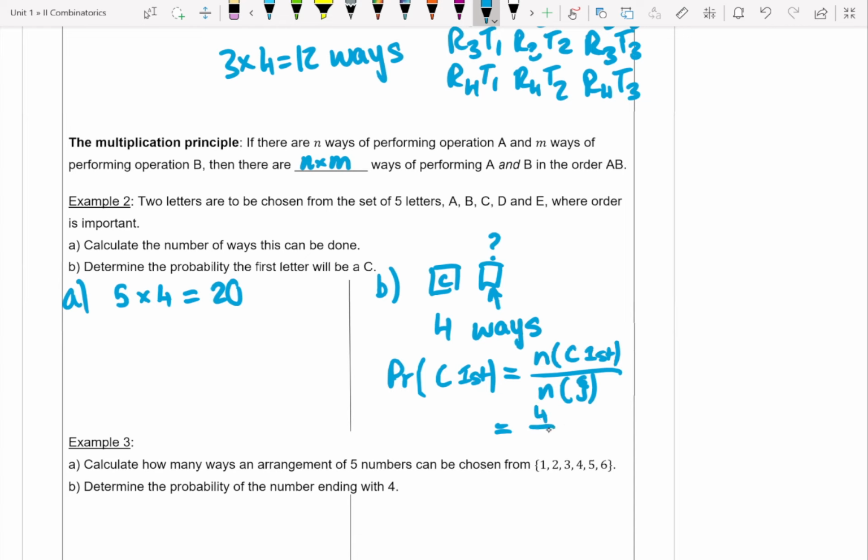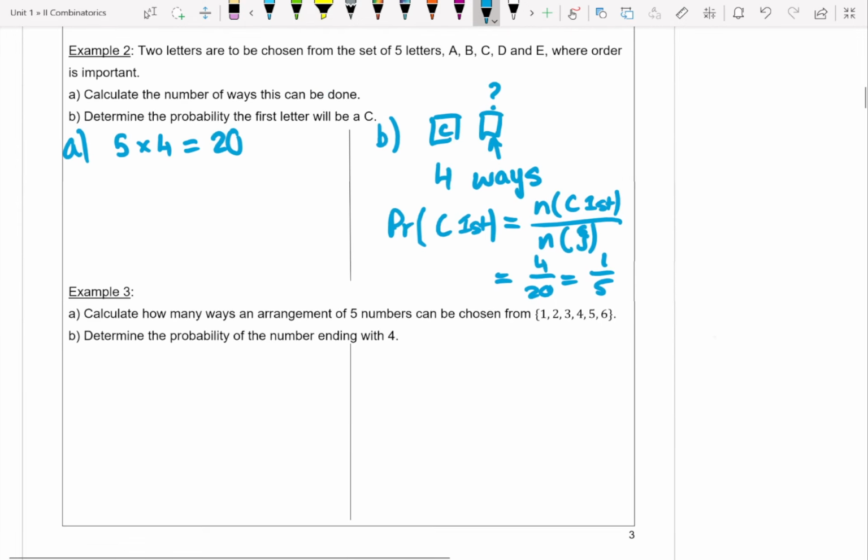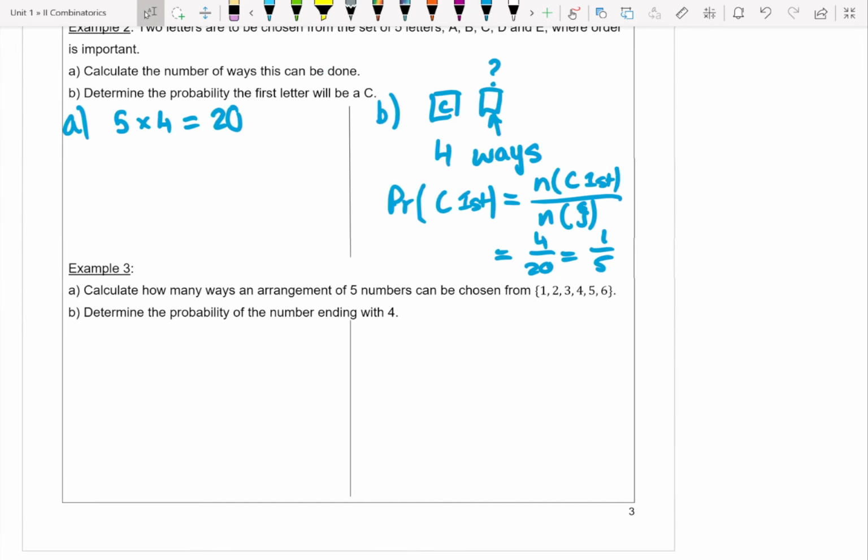So this is going to be 4 out of 20, which is a 1 in 5 chance. So there's a 1 in 5 chance that C is going to be the first letter picked.